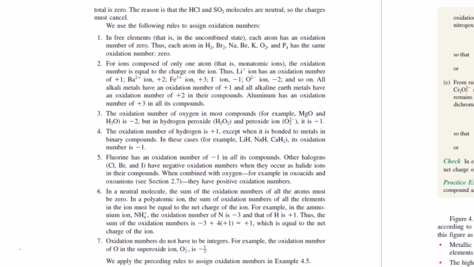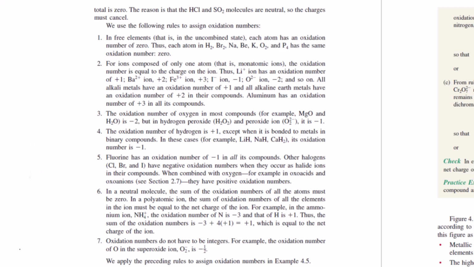When you're given a chemical compound and you want to assign all the oxidation numbers, you're going to start by leaning as heavily as you can on all of the cardinal rules. And then once you've constrained the system as much as possible with the cardinal rules, from there you can determine the oxidation numbers that in general aren't as restricted, based on the cardinal rules that are already present in the compound.